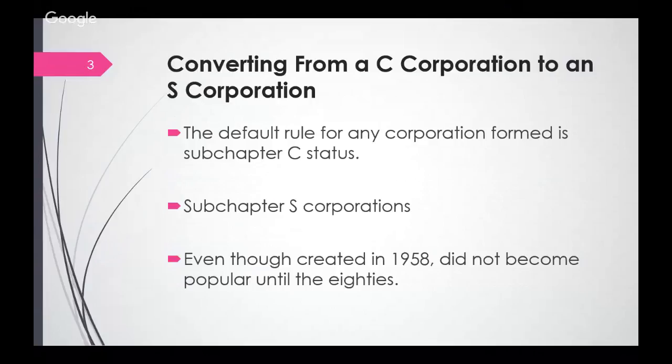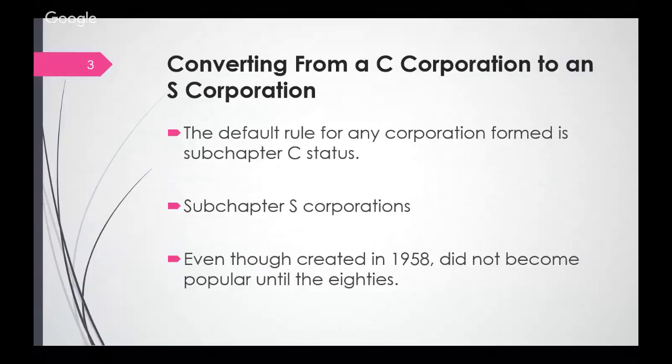It's not always beneficial to be an S corporation. Think about it. If you're in a 30 to 40% tax bracket, and why do I say 40? I'm including state income tax in that. If you as an individual are in a high income tax bracket and your company is showing a profit between $0 and $50,000, you're being taxed at that high income tax rate if you're an S corporation.